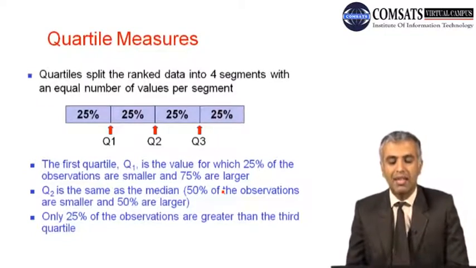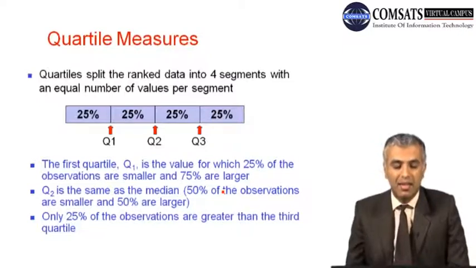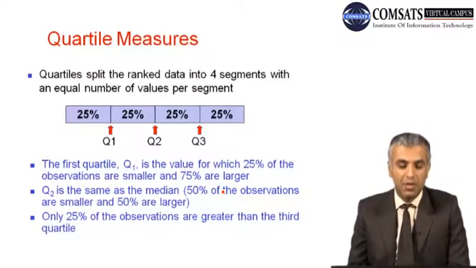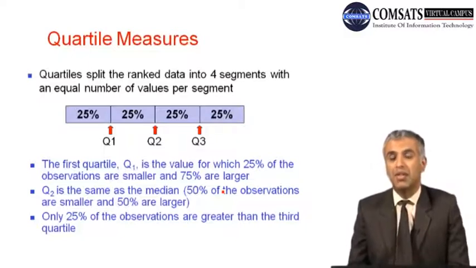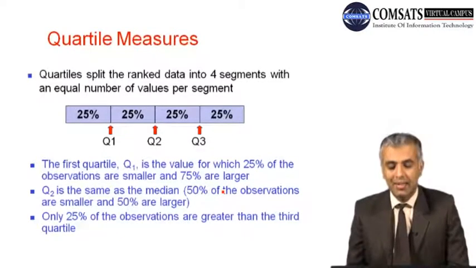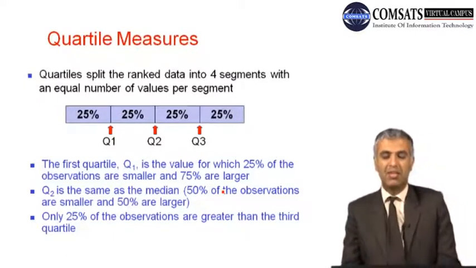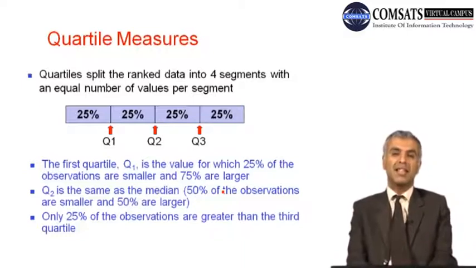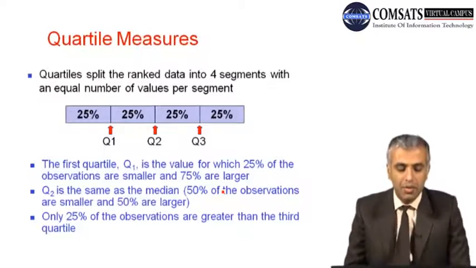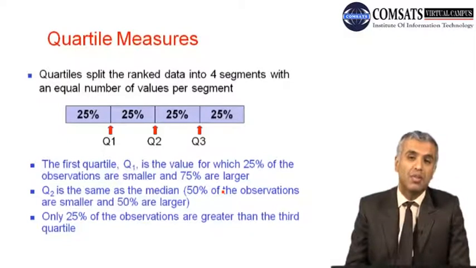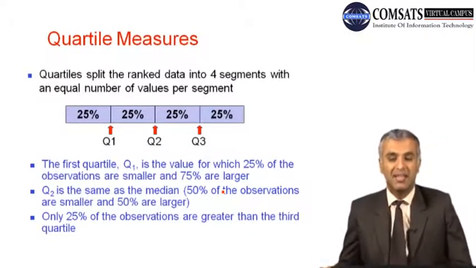The first quartile represents the first 25% of observations or smaller, and the 75% of observations which are larger. The second quartile is the middle quartile, representing 50% of the data set, and is nearly the same as the median. The last quartile represents those 25% of observations which are greater than the third quartile.